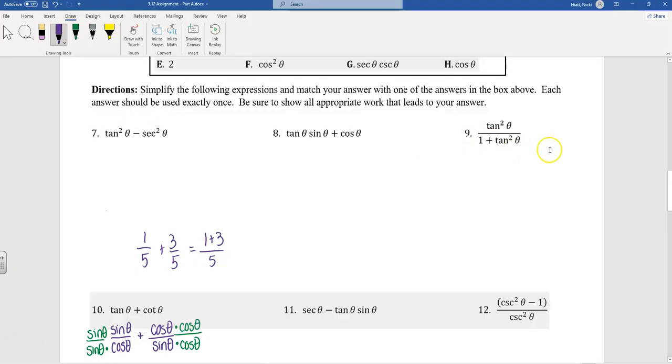Let's do 9. All sines and cosines is an option on 9. It will work. However, it does take a while if you do it that way. Does anybody see something I could replace right there?